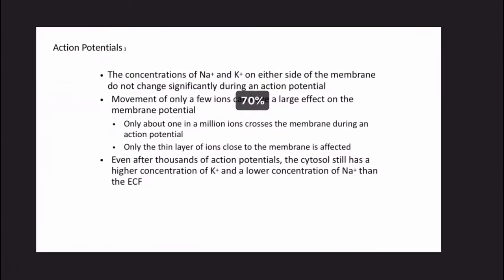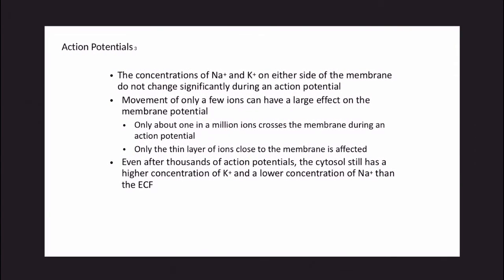The concentrations of sodium and potassium on either side of the membrane aren't going to change a whole lot, but they do change enough. It's a measurable amount, and that causes the depolarization. If we just move a few ions, we can have a huge effect on the membrane potential because axons are tiny, and ions are tiny too, but they're pretty large inside of an axon. Just for scale, only about 1 in a million of these ions are actually going to cross the membrane during an action potential.